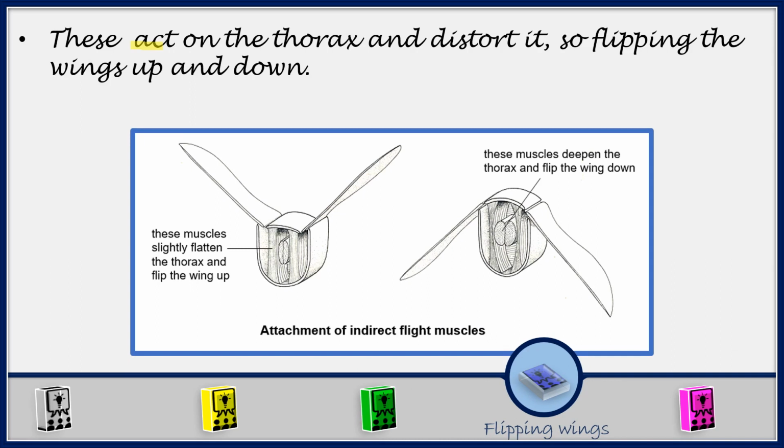These act on the thorax and distort it. So flipping of the wing up and down.